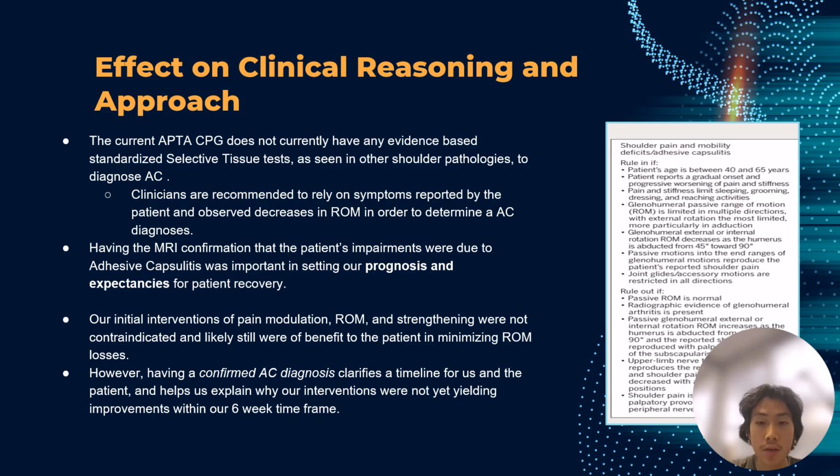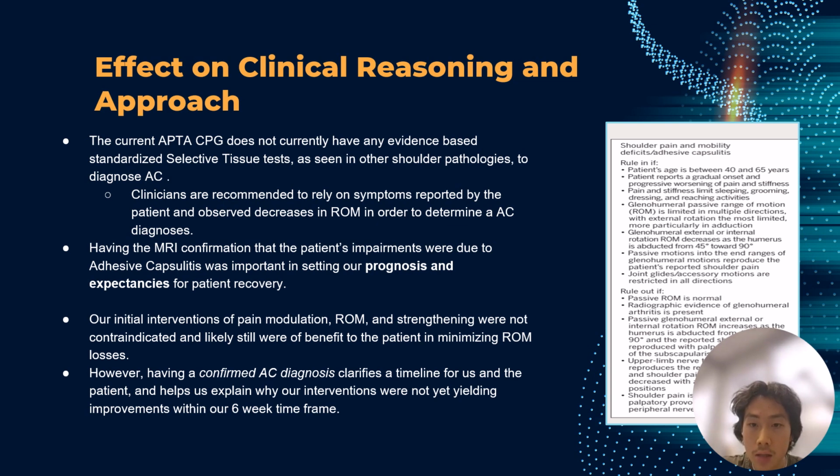So here is the effect of our diagnostic testing on our clinical reasoning and approach for our patient case. The current APTA CPG, as shown by the little snapshot on the right side of the PowerPoint, does not currently have any evidence-based standardized selective tissue test, as seen in other shoulder pathologies, to diagnose AC.